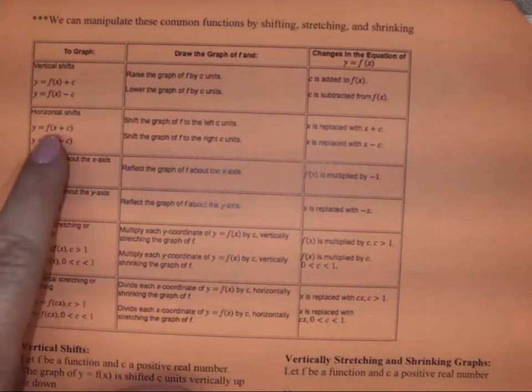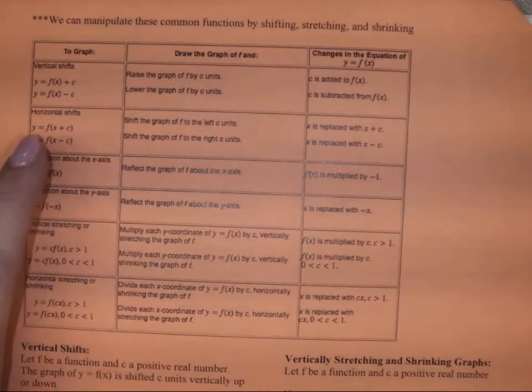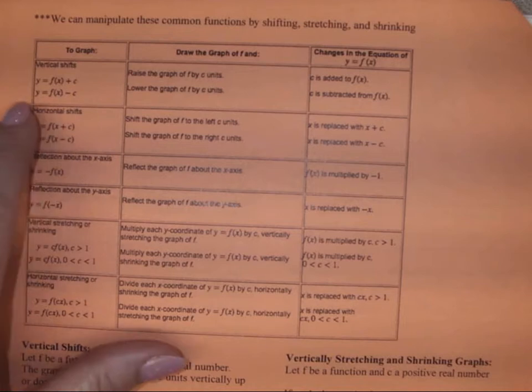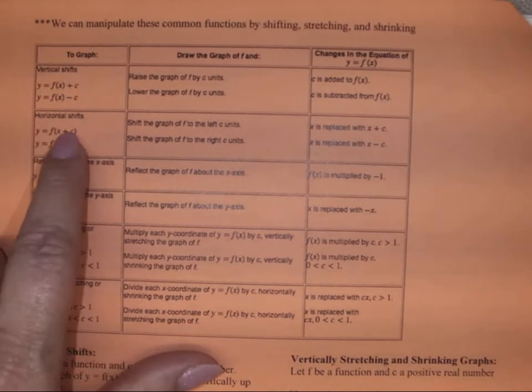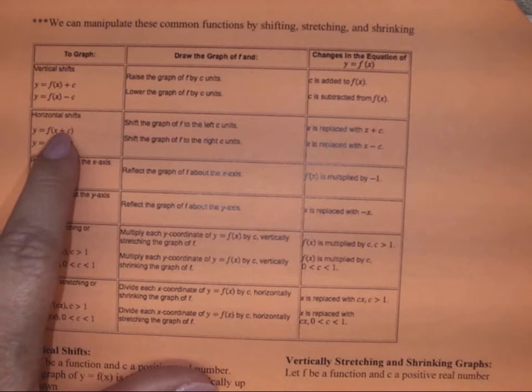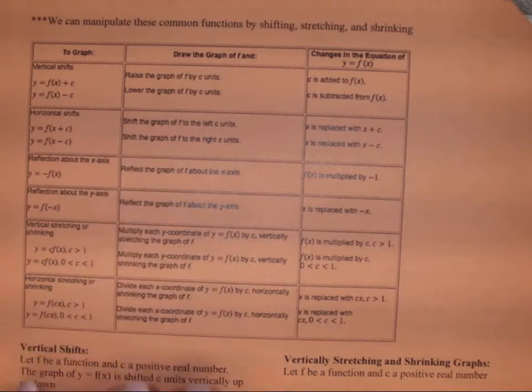And this one will go opposite of what you think. So this one goes exactly what you think. When you add, you go up. When you subtract, you go down. But when it's a positive inside, you're actually going to go to the left, and when it's a negative, you'll go to the right. So it's kind of opposite of what you think you see.